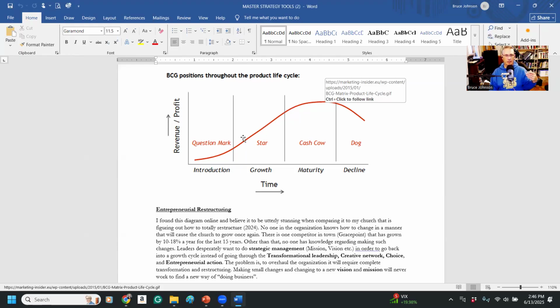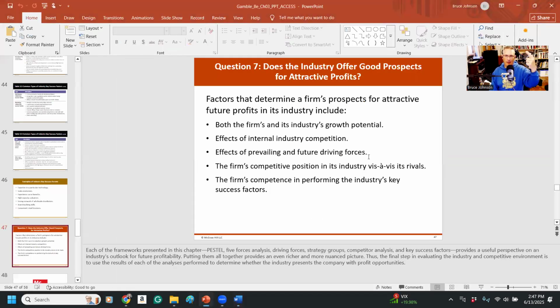A question mark is where we don't have really high growth, and we don't know if this is going to work yet, it might not. And then you have dogs, which are typically product lines that are just not going anywhere, nobody wants them, or they're in such a decline phase that they're just kind of done trading. In any of those capacities, that helps tell you what the profit potential will be in that industry.